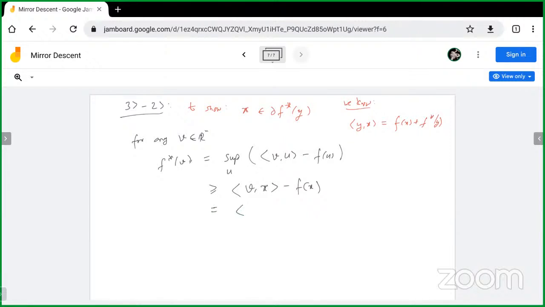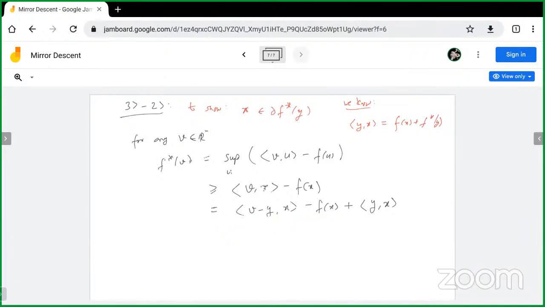Now I write this as the inner product of v minus y and x, minus f of x plus the inner product of y and x.